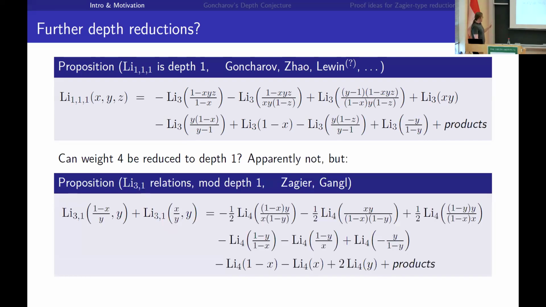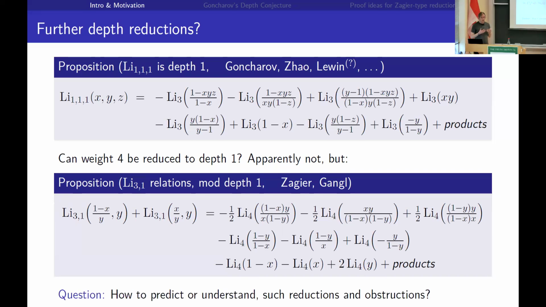The answer is apparently you can't reduce even this depth 2 function in weight 4, this Li 3,1, to depth 1 things, but you can instead reduce some interesting combination of it. So these 2 terms, this Li 3,1 of 1 minus x over y, comma y, and x over y, comma y, again come to a combination of depth 1 things.